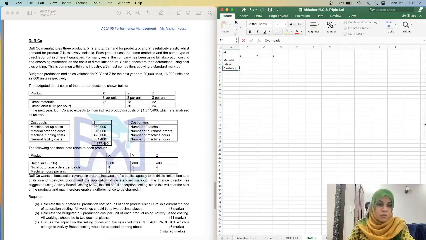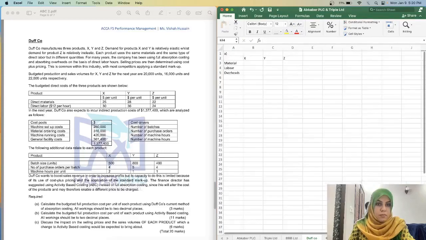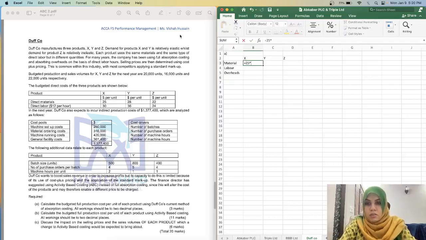Let me zoom it in a bit so that it becomes clearer to you. Now for materials, you already have the per unit, so simply multiply 25 by 20,000, 28 by 20,000, and then 22 by 20.